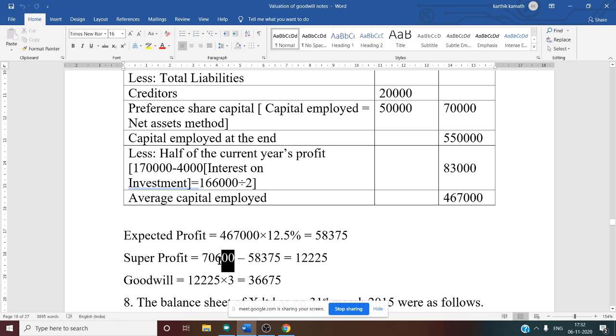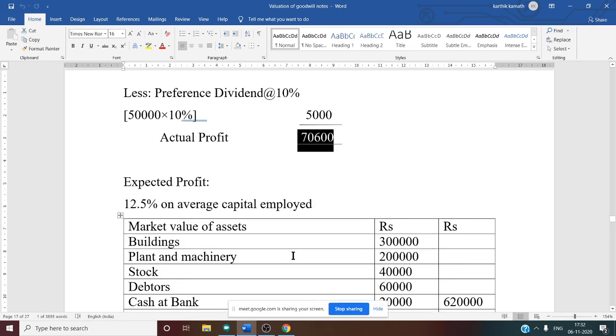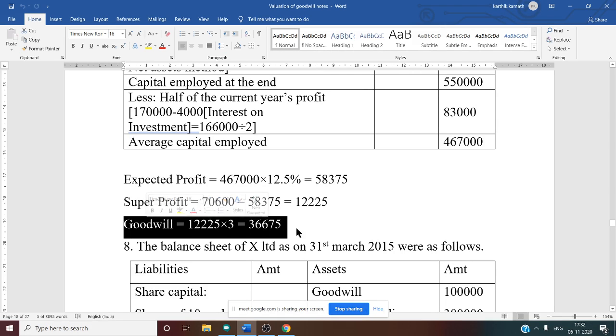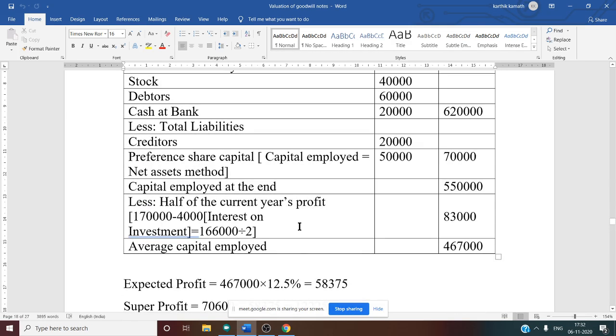Super profit: we know the actual profit is 70,600 and the expected profit is 58,375. The difference between those two is super profit, that is 12,225. Goodwill is super profit into years of purchase, that is 12,225 into 3. Final answer, 36,675 is our goodwill. Yes, this is problem number 7.